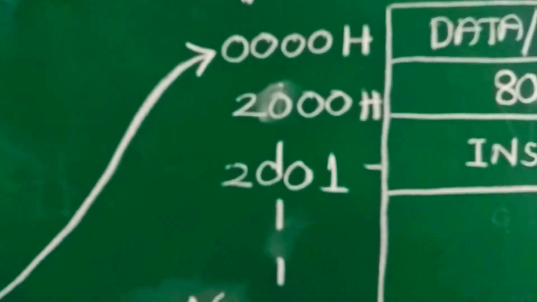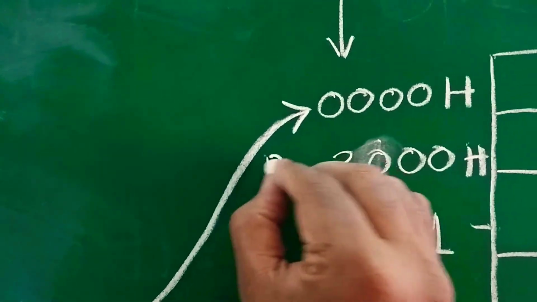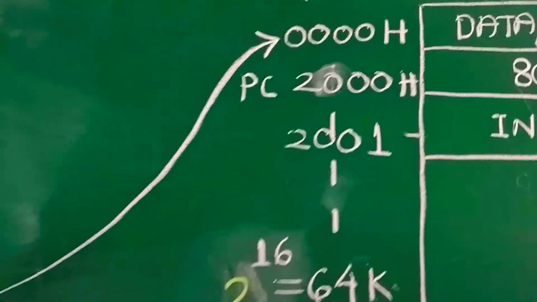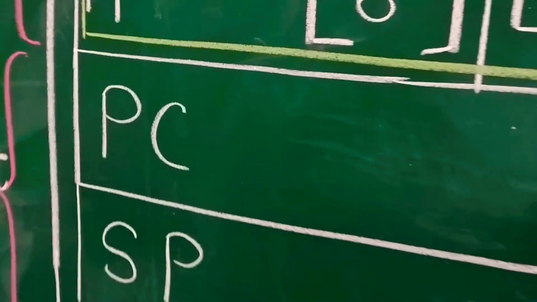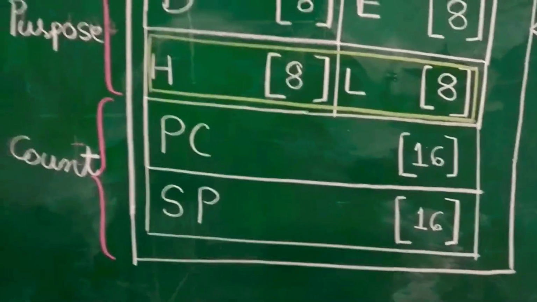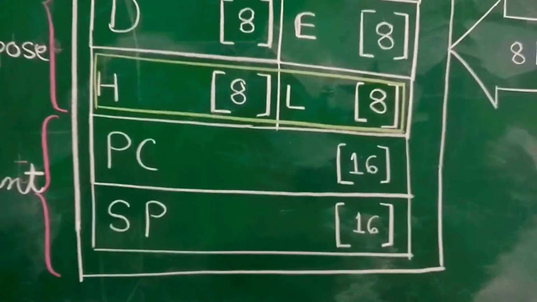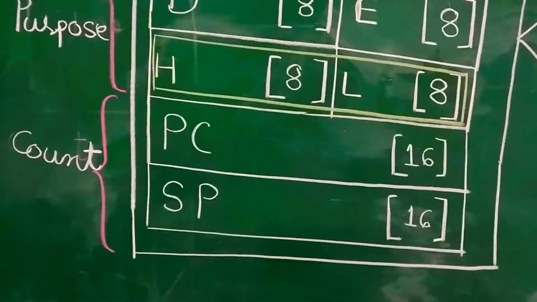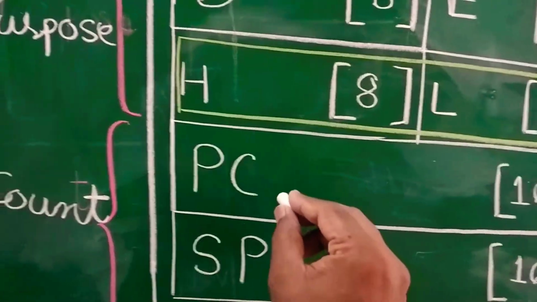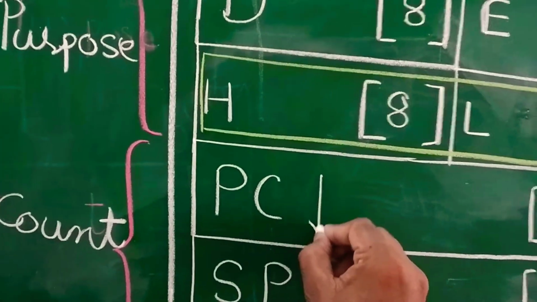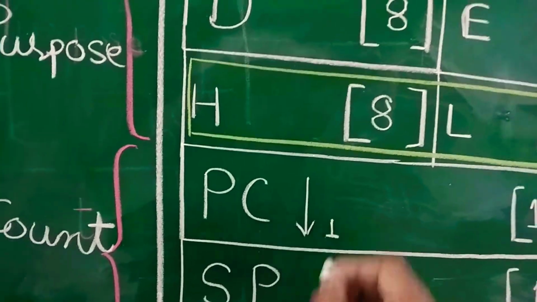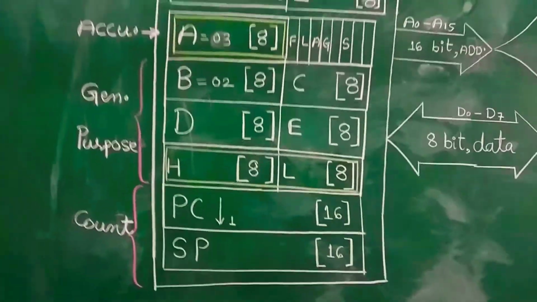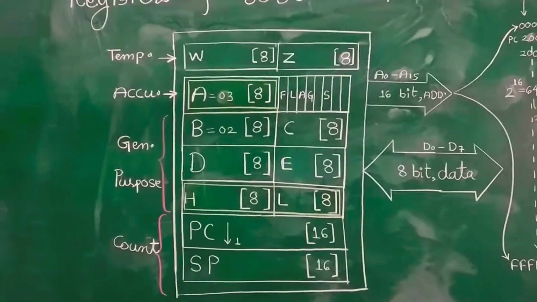That means starting PC content will be 2000 and automatically this program counter register will be incremented by 1. Always this PC will be incremented by 1. So the function of program counter is sequencing the program.